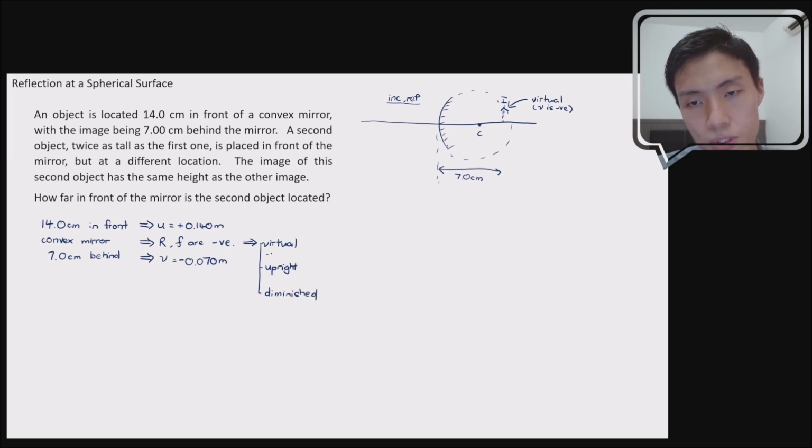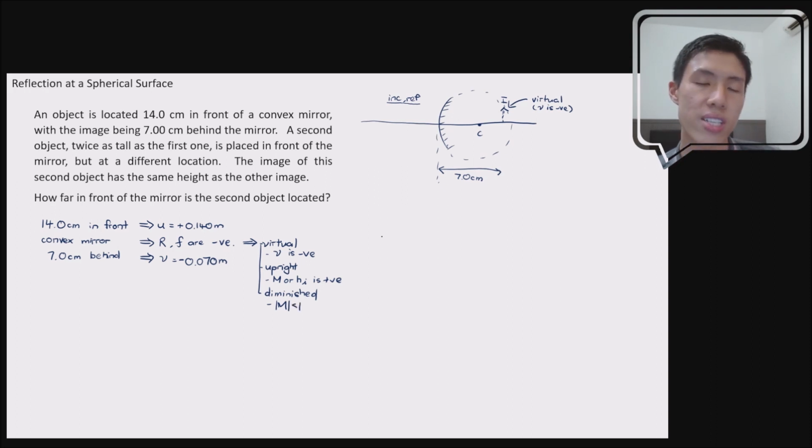Because it's virtual, you should expect that v is negative. Because it's upright, you should expect that the magnification, or the height of the image, is positive. And diminished means the modulus of m, without looking at the sign, must be less than 1.